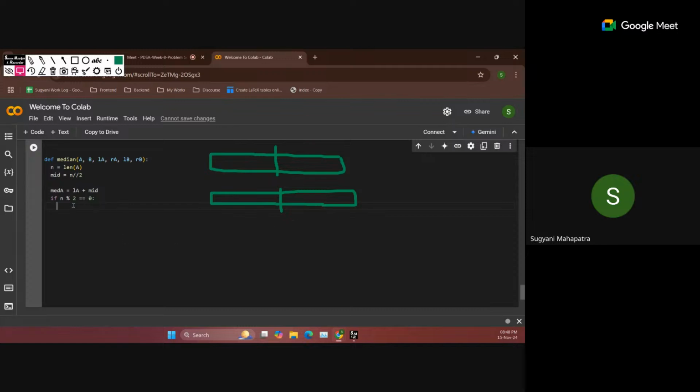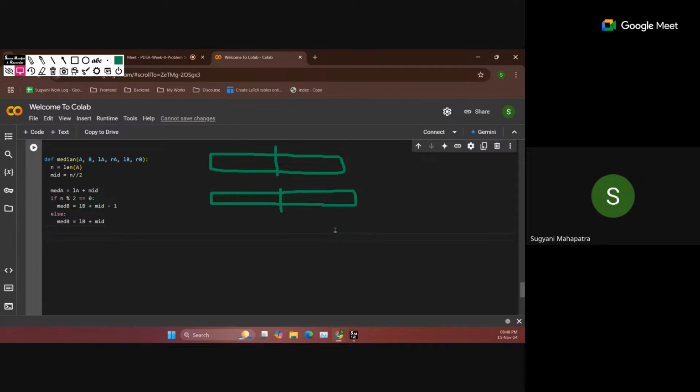So if n is an even number, then we will assign the median for B is equal to left of B plus mid minus 1. Otherwise, we will assign median of B is equal to left of B plus the middle element.